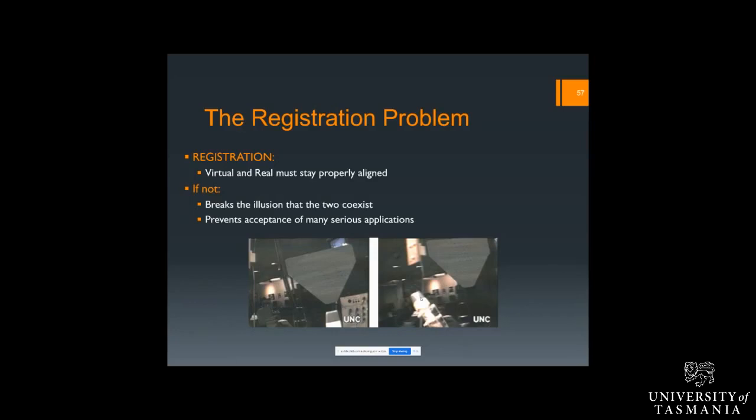The registration problem will look like this if you start to move the camera or move the physical marker: you start to see the objects not at the same location, drifting or lagging behind. It breaks the illusion.